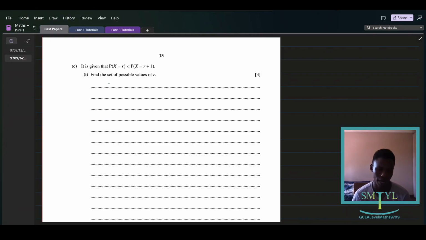Okay, so we can write the probability that X equals r as e to the negative lambda, which is 2.4, times 2.4 to the power r over r factorial, and this is less than e to the negative 2.4 times 2.4 to the power r plus 1 divided by r plus 1 factorial.